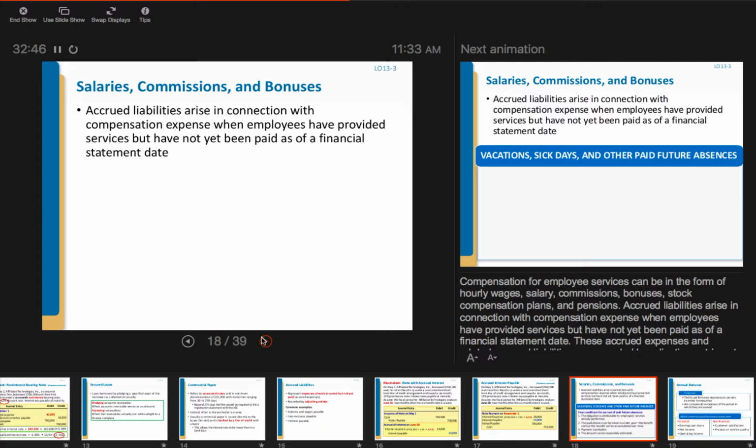So until those checks are cut, that's a liability to the company because you've worked the hours. They still have the money that they owe you, so it's a liability. In this day and age, those shouldn't happen, as automated as we are, because the transaction speed is instantaneous for all of this stuff.